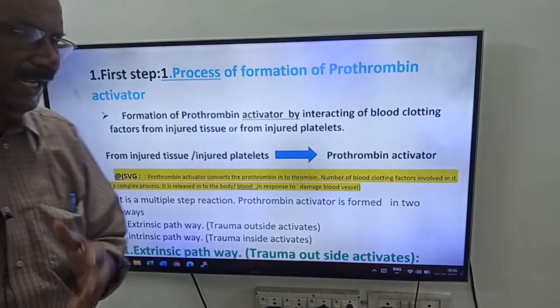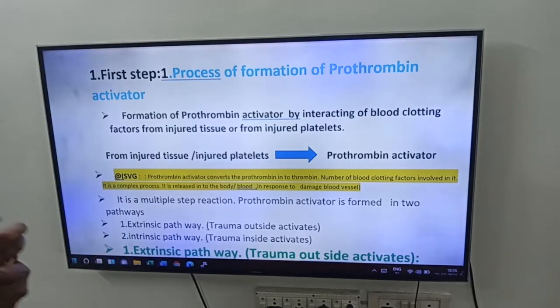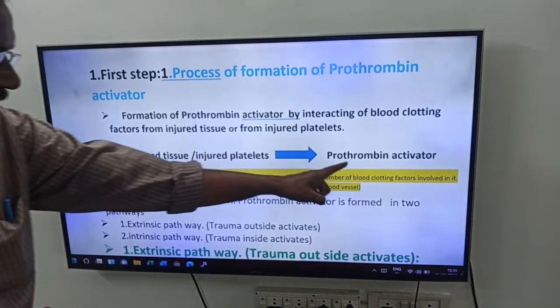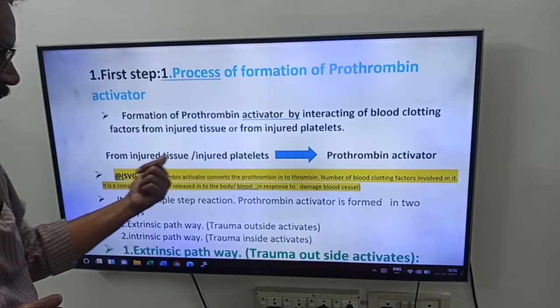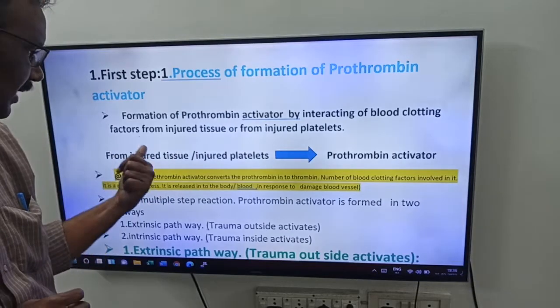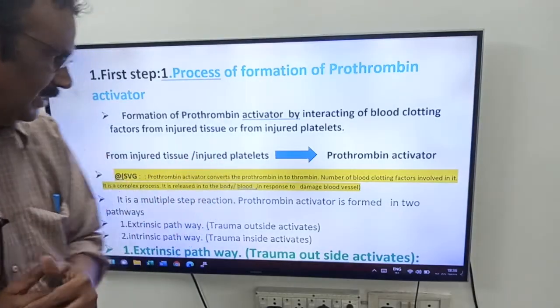Prothrombin activator is formed from injured tissue or injured platelets.